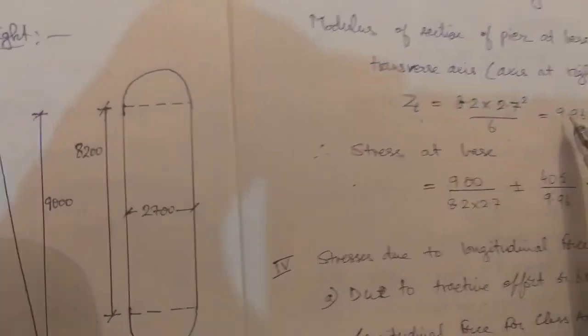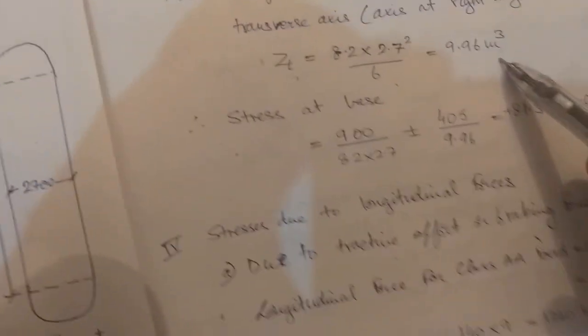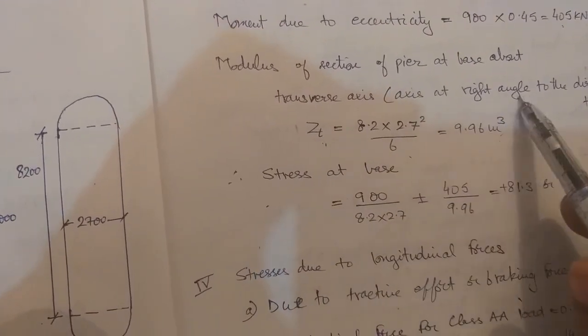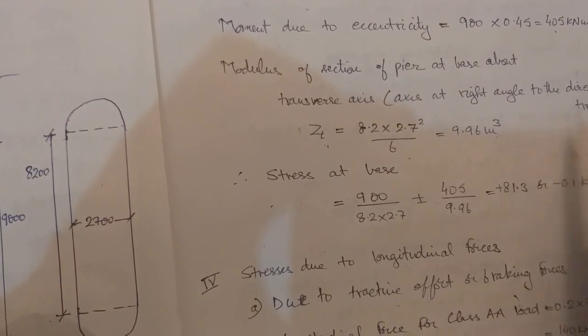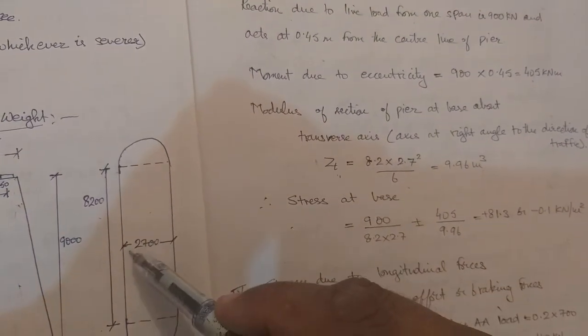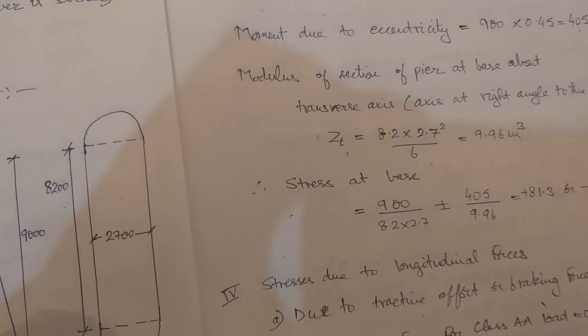When you calculate this, it comes out to be 9.96 meter cube. The axis you are going to take at right angle to the direction of the traffic, so accordingly B will be 8.2 and D will be 2.7, so you have 2.7 as the depth.